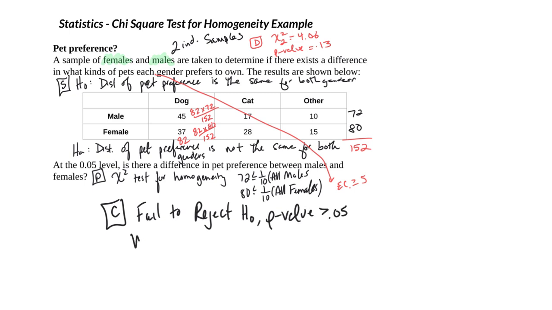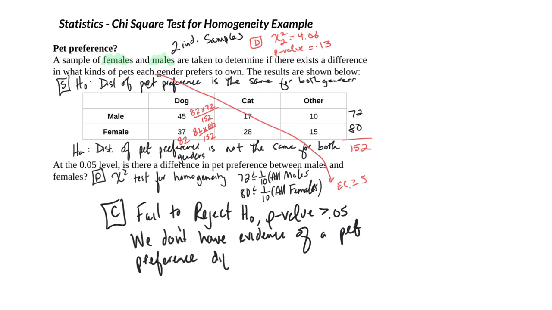So, we do not have enough evidence of a pet preference difference between the genders. Essentially, the distributions are the same, or at least we don't have enough evidence that they're different.